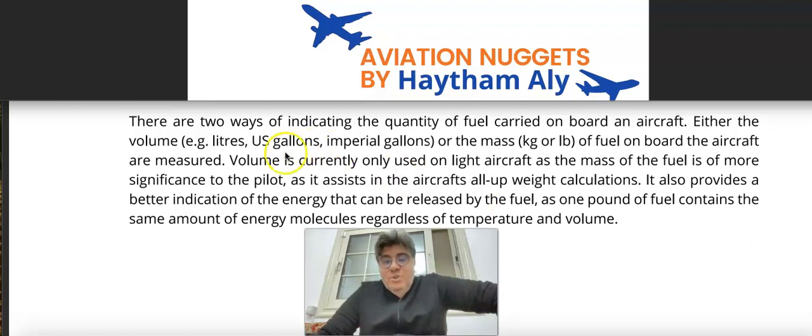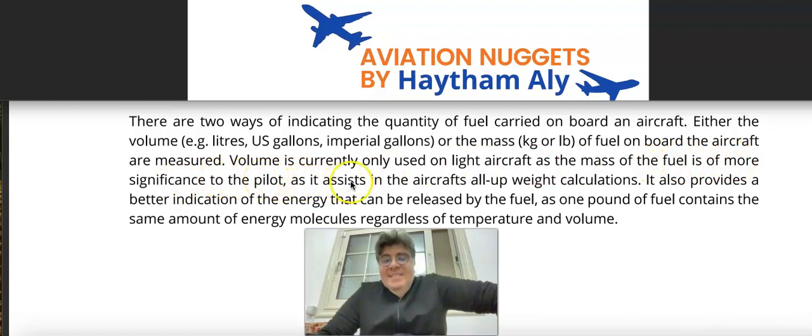Okay, everybody, so volume is currently only used on light aircraft. On big jets or heavy aircraft, the mass of the fuel is of more significance to the pilot.